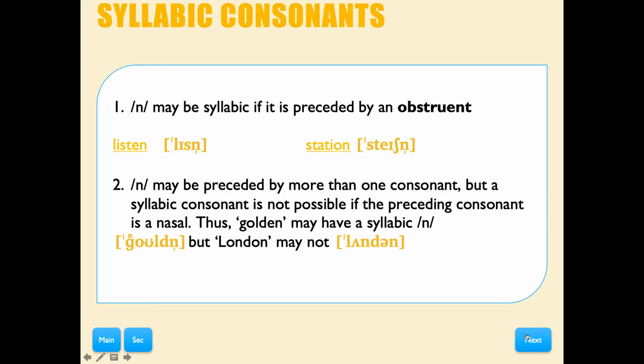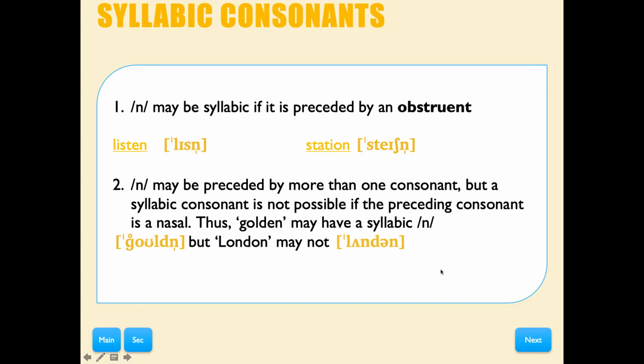Now, you also have to consider that the alveolar nasal may be preceded by more than one consonant. But the syllabic consonant is not possible if the preceding consonant is a nasal. Therefore, golden may have a syllabic N, golden, but London may not.